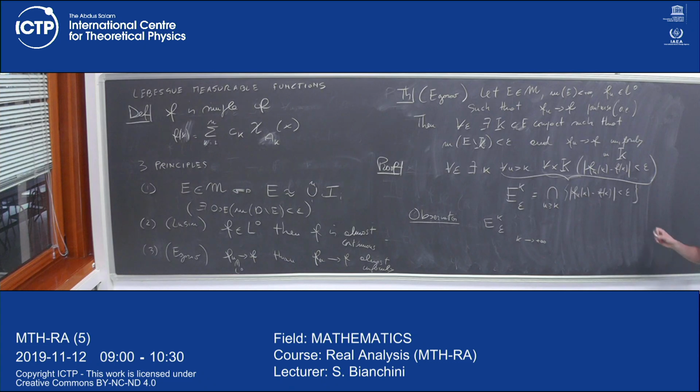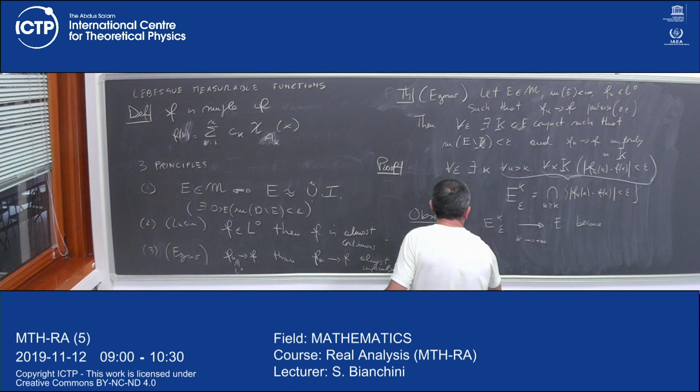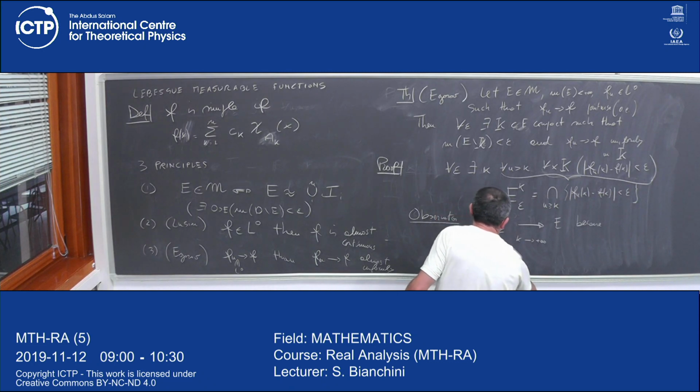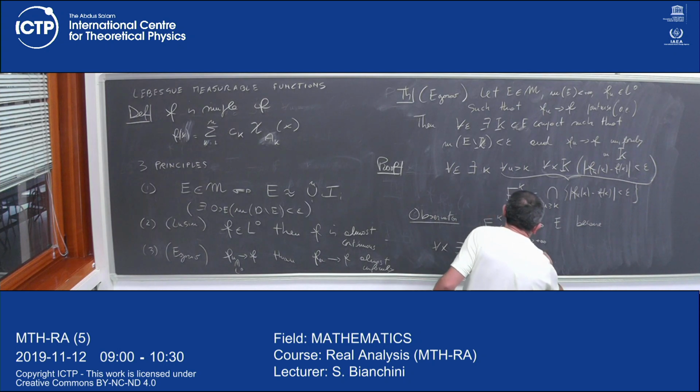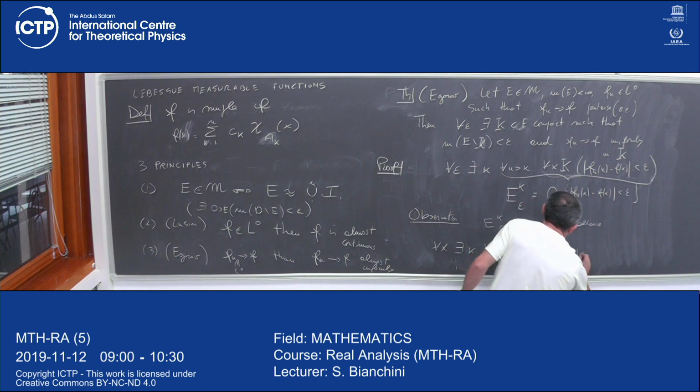So my pointwise limit means that, let's say this converges to E, because for every x there exists a k such that for all n larger than k, |f_n(x) - f(x)| is less than epsilon.